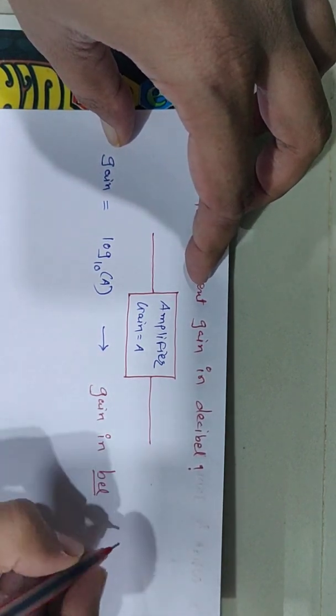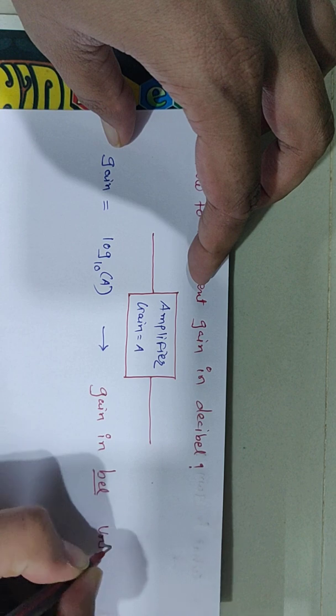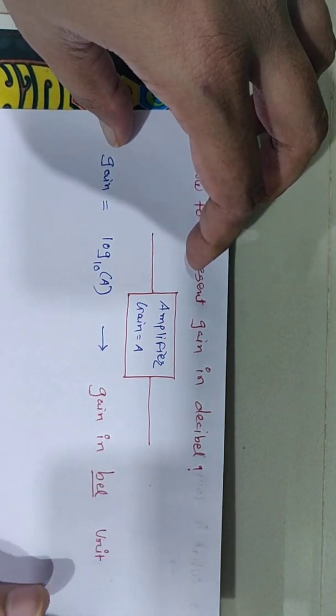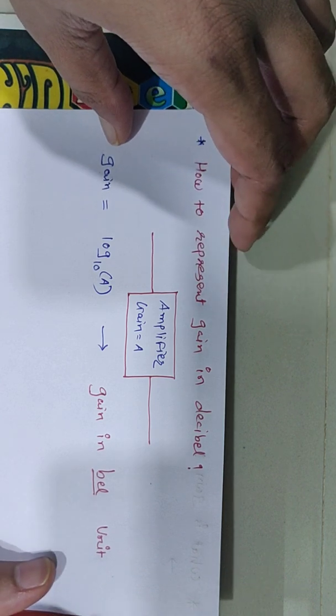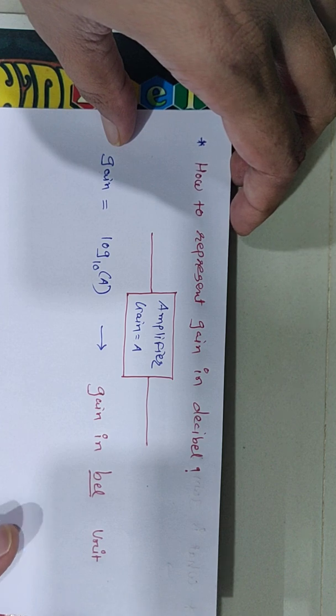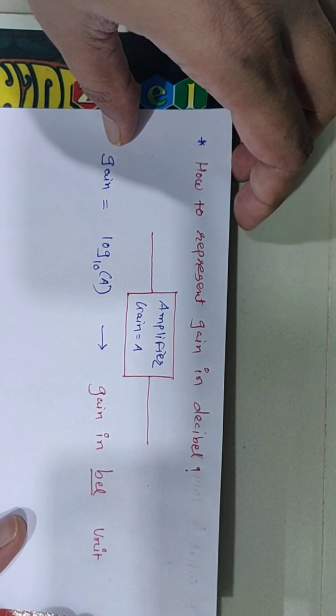So bel is a unit which is discovered to represent universally the gain of any particular device or amplifier.